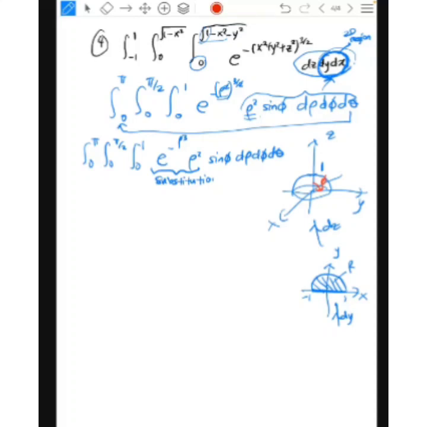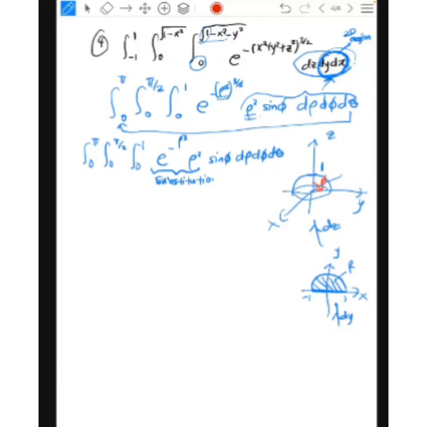Okay, what to substitute? Rho to the power 3 or rho to the power 2? You have to substitute the one that, when you differentiate, you will get the other component, the other part, not the variable, because it is the same variable.